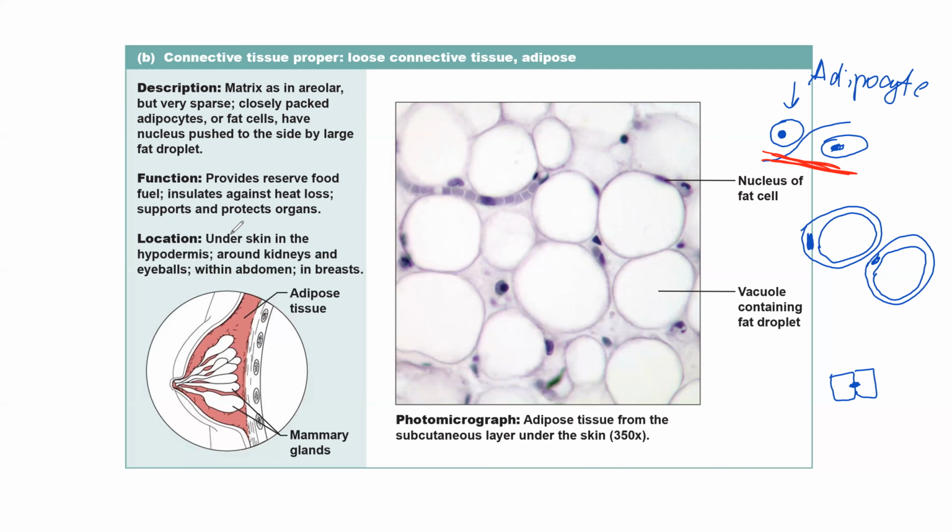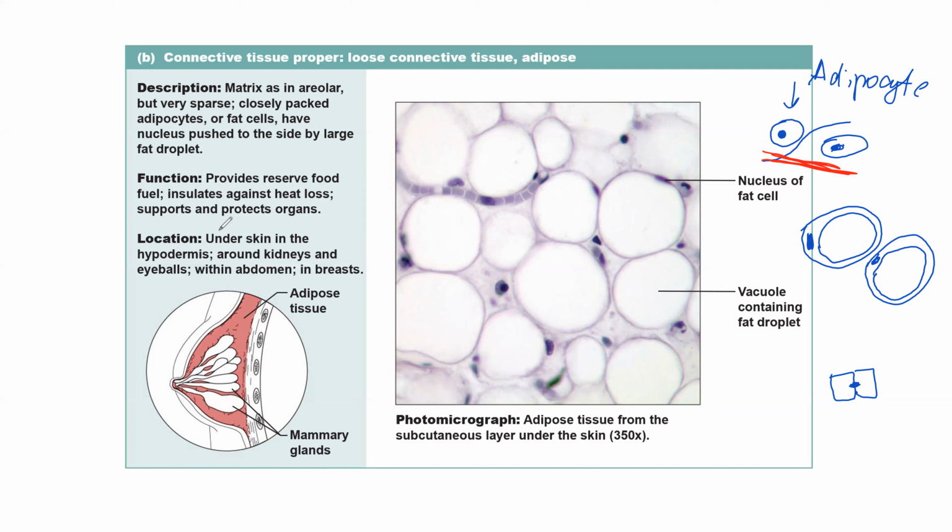So your skin has pretty much all of the tissue that we just covered. Stratified squamous epithelium, keratinized, that's your upper layer, the epidermis. Then you have areolar connective tissue right underneath the epithelial tissue of your skin.